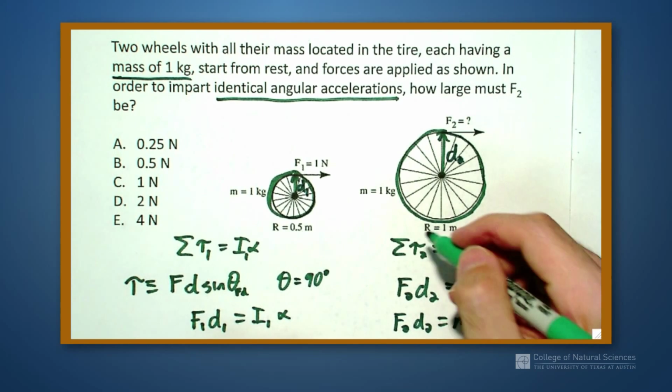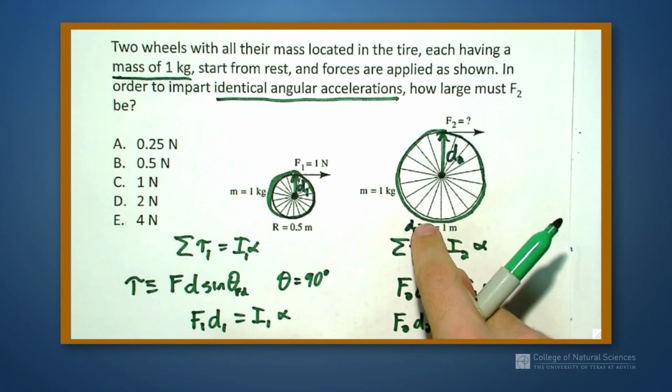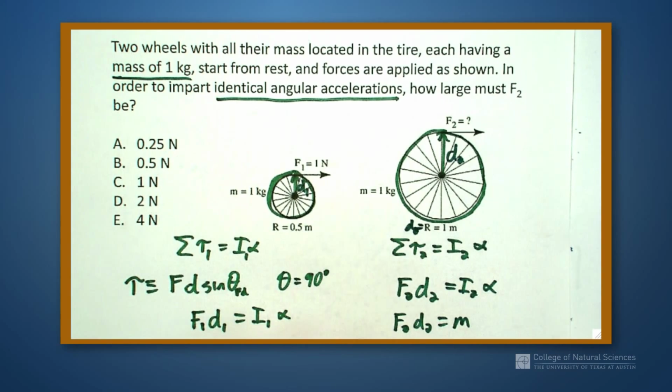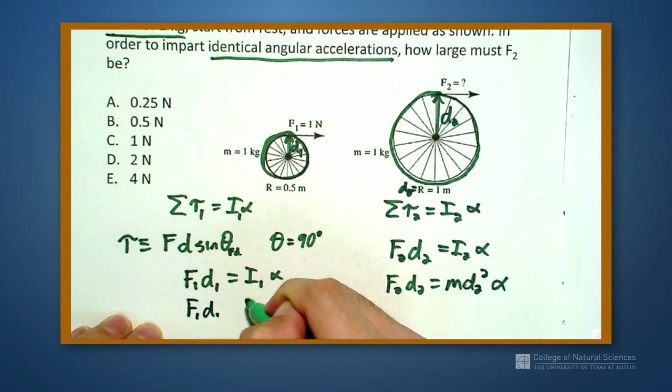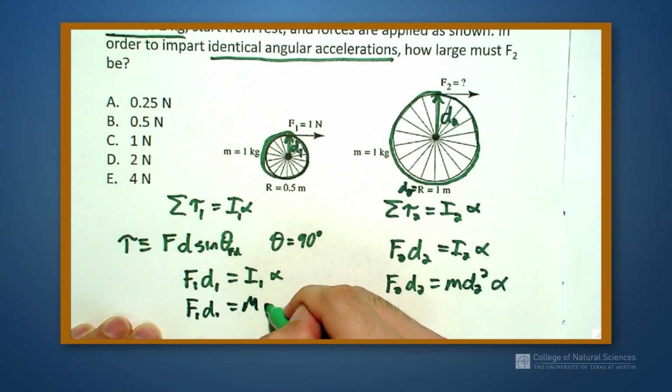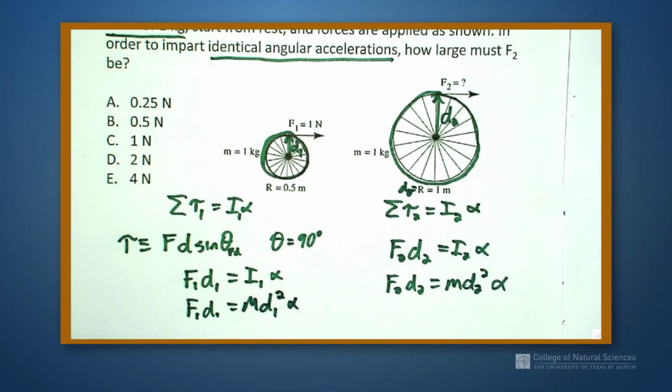So my R is equal to d2, and so this is a value of d2 squared, and I still have my alpha. This guy over here, F1 d1, is equal to its mass times its distance squared, d1 squared, and an alpha again.